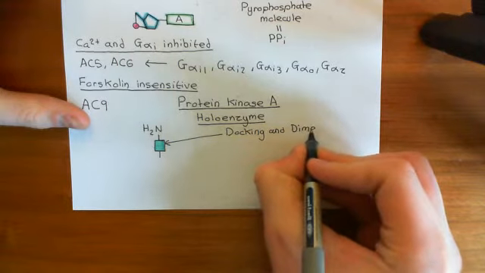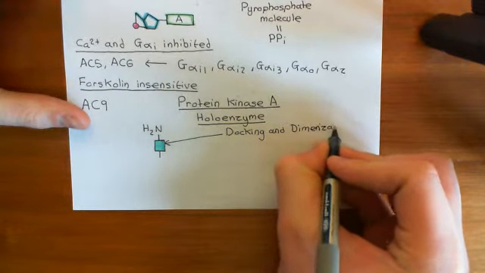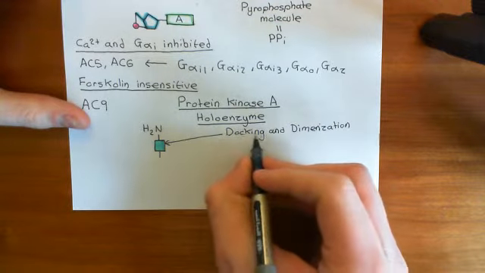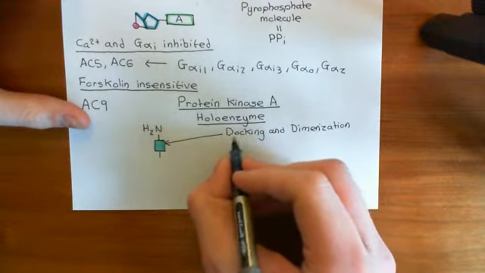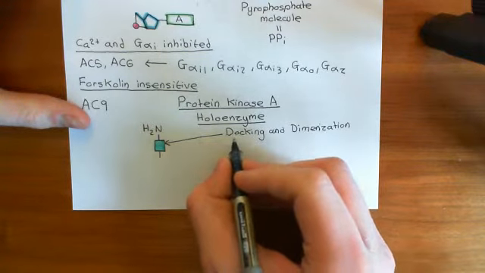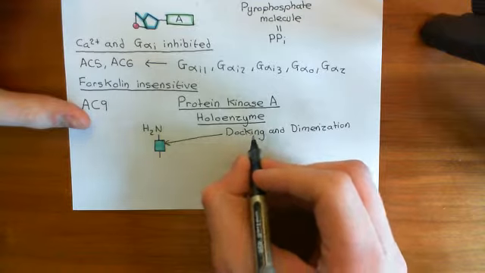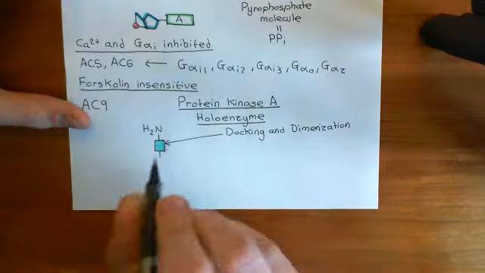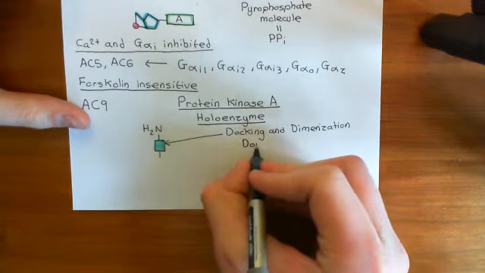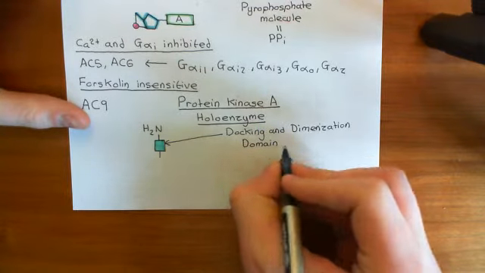This is going to be important in dimerizing the 2 regulatory subunits together. It's also going to be important in docking the regulatory subunit dimer to proteins known as A kinase anchoring proteins, AKAPs, which we'll come to later. Wait and see what this domain does, and I hope it'll be clear soon.